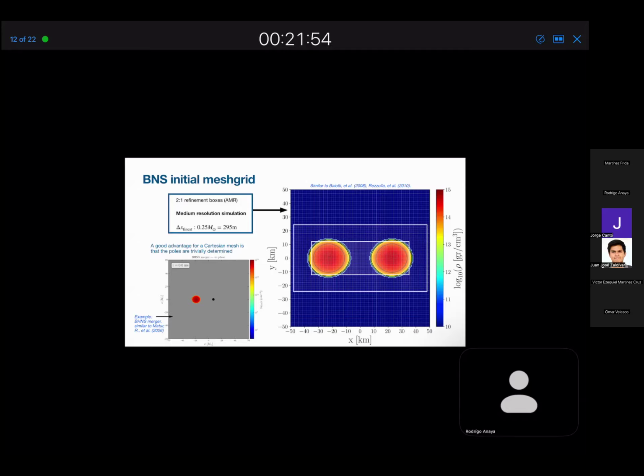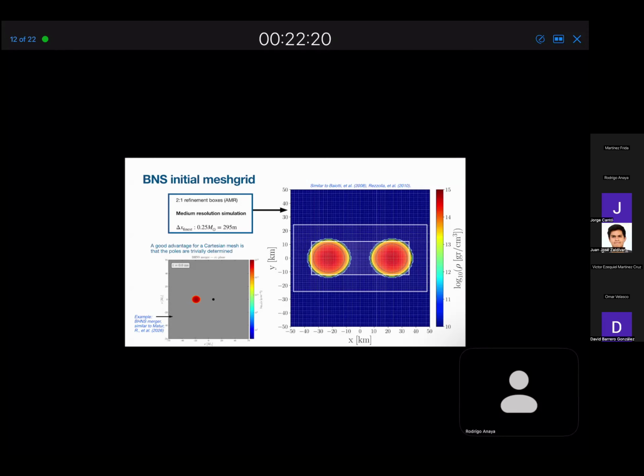So for this simulation I showed you, this is the mesh grid at the initial data. The finest spacing of the resolution is around 300 meters for the most nested boxes you can see here close to the centers of the star. This is what we call a medium resolution simulation, because there could be even higher resolution.